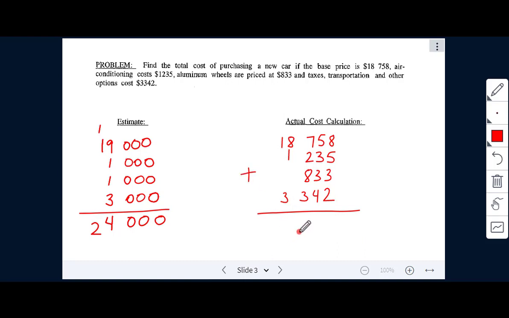All right, so let's go ahead and add 8 plus 5 plus 3 plus 2, so 13, 16, 18. Put the 8 down.